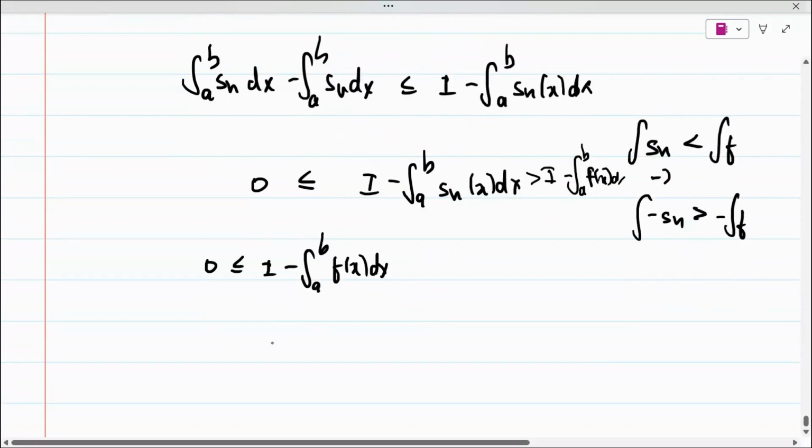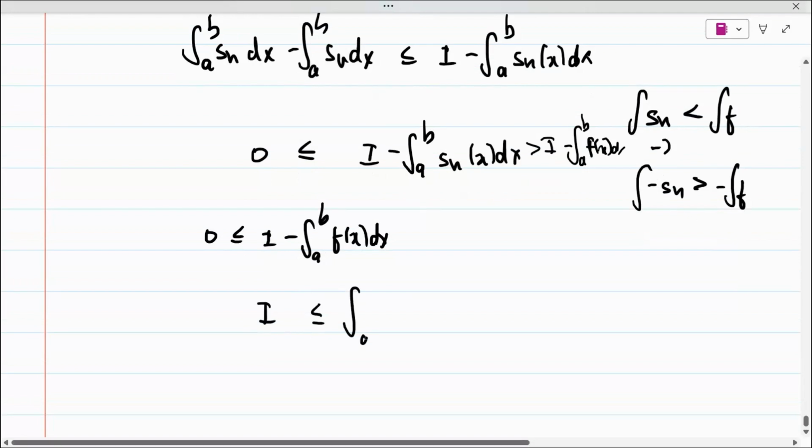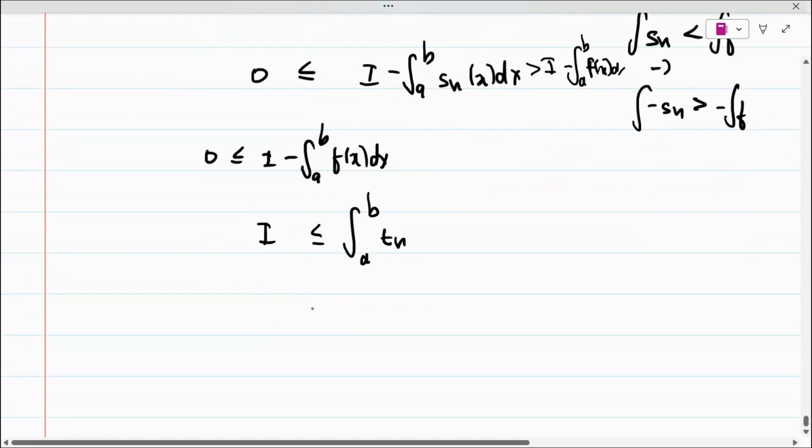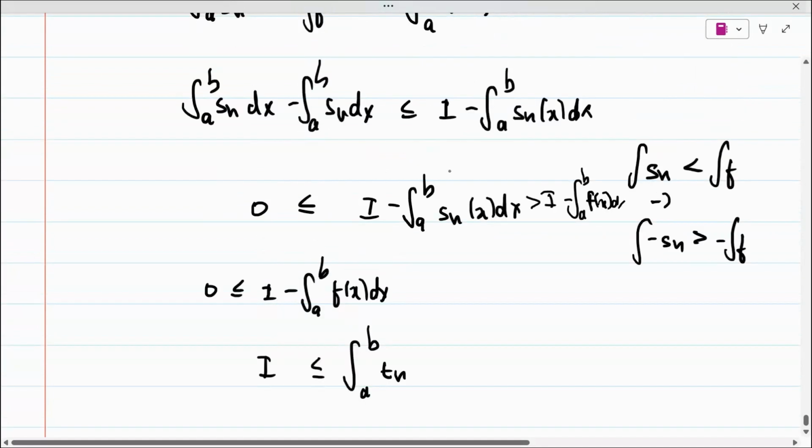On the other side, we can just take the same thing here. So AB, then so AB.